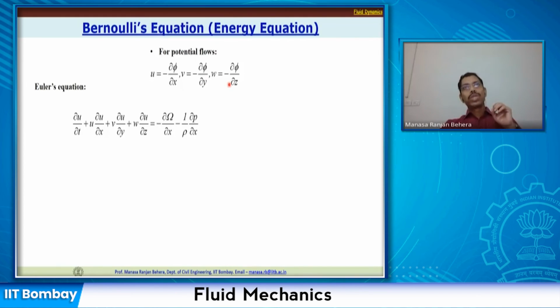So the value of u can be substituted using this phi. Let us say the value of u here, only in the dou u by dou t term, we will substitute with this expression, dou phi by dou x, minus dou phi by dou x.